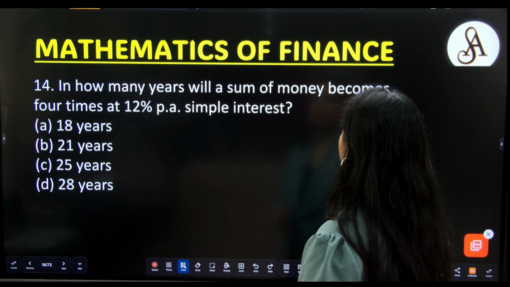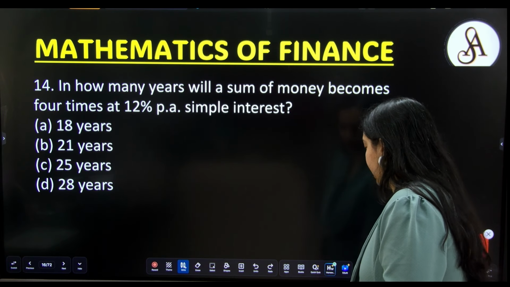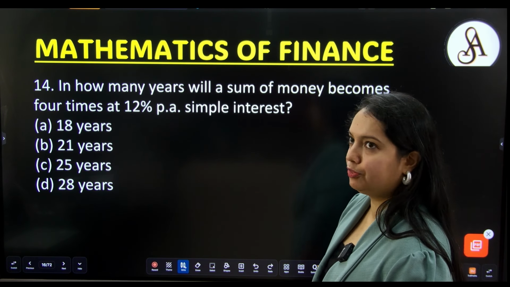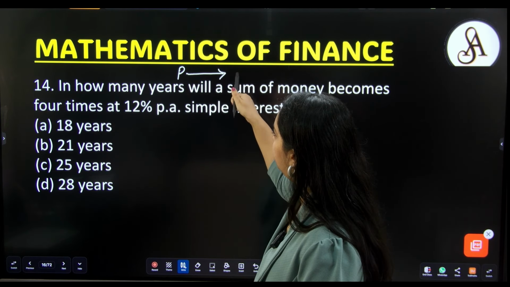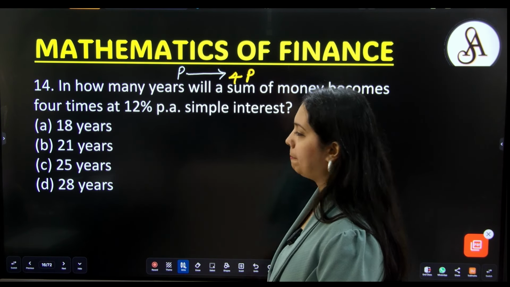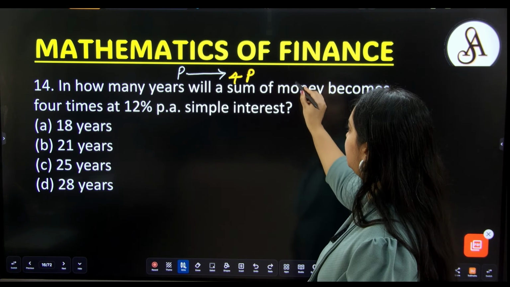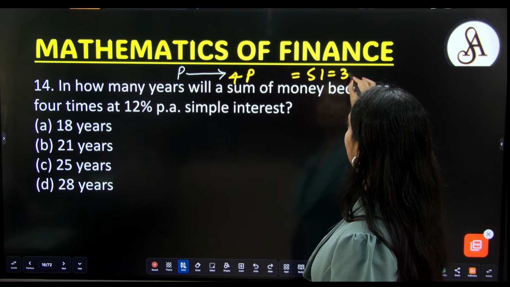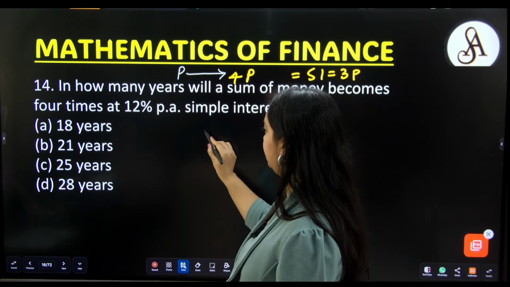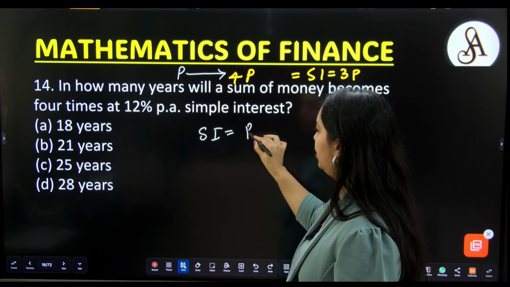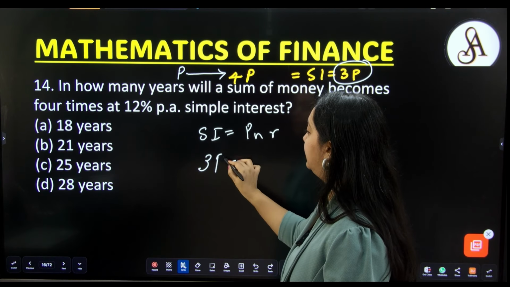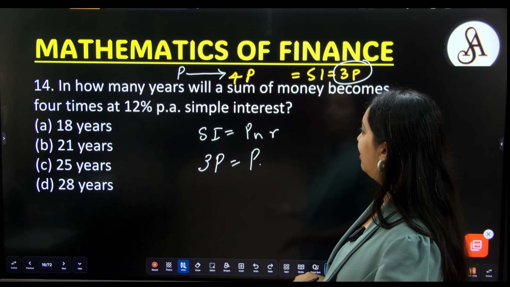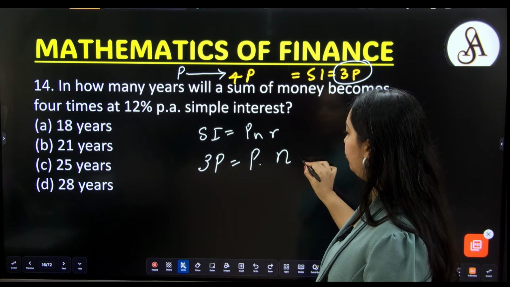In how many years will a sum of money become 4 times? Using the simple interest formula. So, if I consider some amount as P, that becoming 4 times means 4P. So, what is the simple interest amount here? SI value will become 3P. So, if you apply the simple interest formula, SI is equal to PNR, you will get 3P is equal to P into N. Number of years is what you need to find.